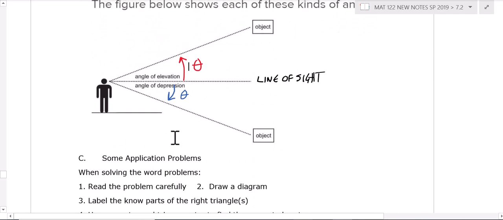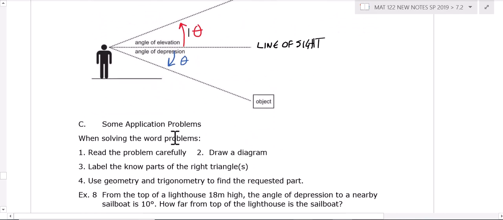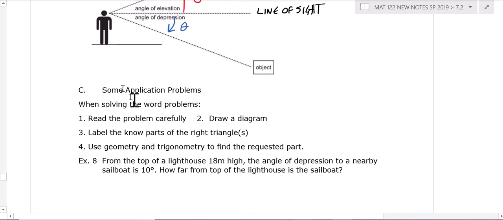All right, now what we're going to do is some application problems, just a few of these. The difficulty for students on this usually is getting the diagram and the triangle drawn right, because you have to interpret what the sentence is telling you. So you always want to read the problem, obviously.